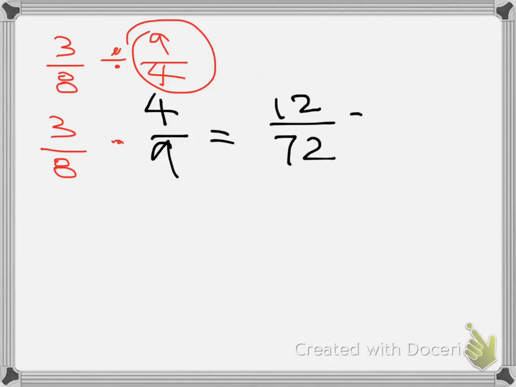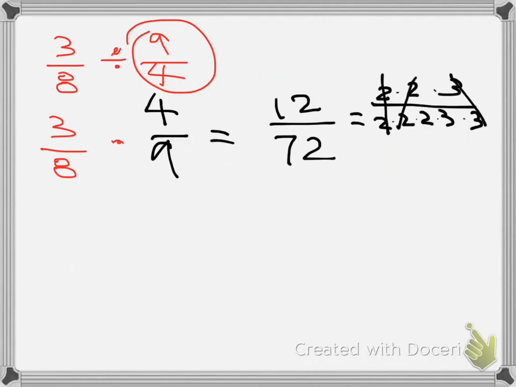Actually we could write this as 2 times 2 times 3, break it into its prime factors like we did in an earlier section. 72 we're going to break into its prime factors. 2 times 2 times 2 times 3 times 3 is 72, and then we can start getting rid of some stuff.